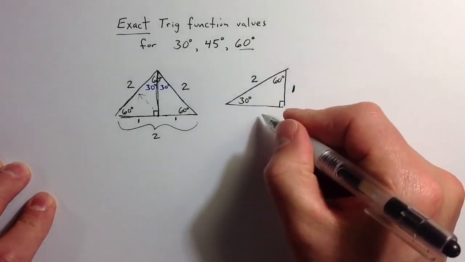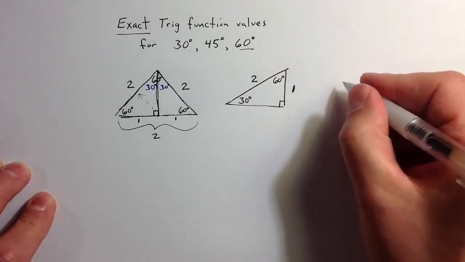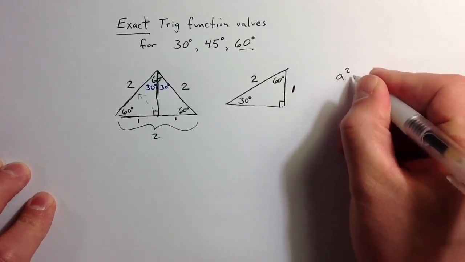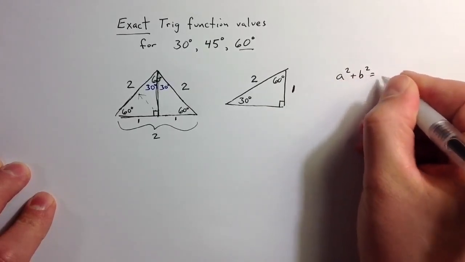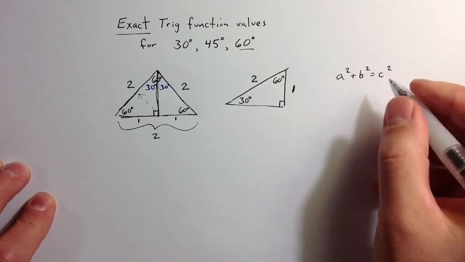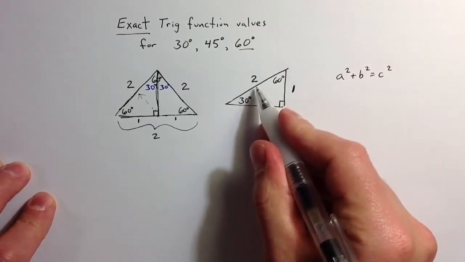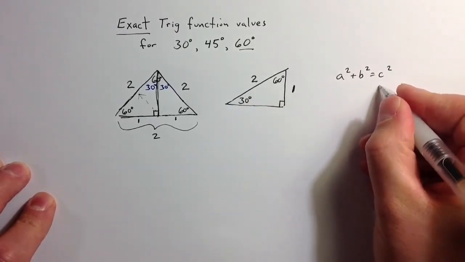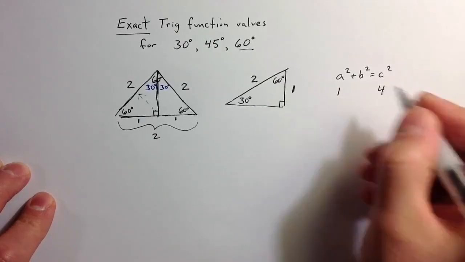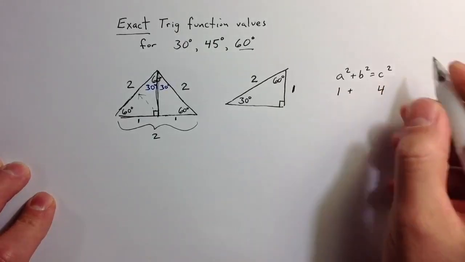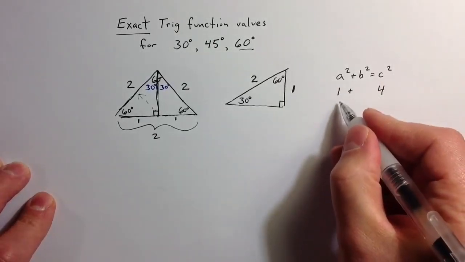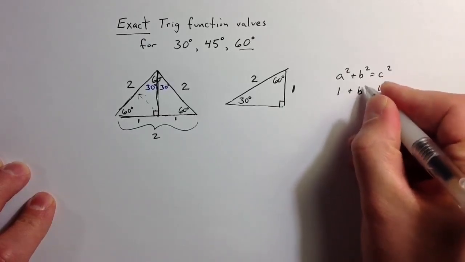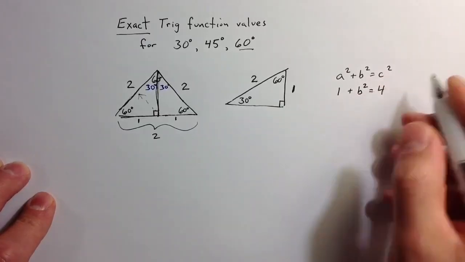The third side length, of course, we can find from the Pythagorean theorem, a squared plus b squared equals c squared. The hypotenuse is 2, and one of the sides is 1. So 1 squared is 1. B squared is unknown.